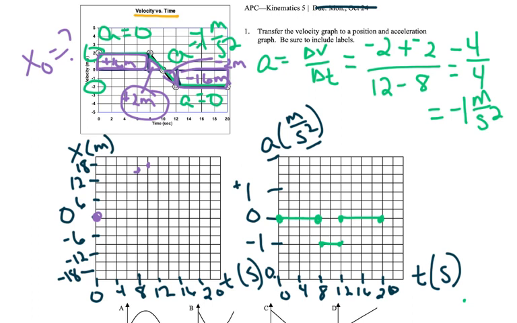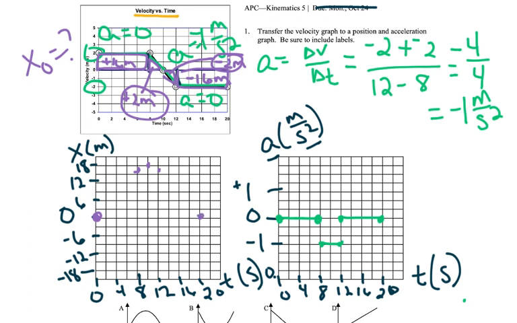Then I'm going to go back the way I came for 2 meters because I had the negative 2 meter displacement there. So basically at 12 seconds, I'm going to end up back at that 16 meter mark. Then I'm going to go back another 16. So at 20 seconds, I should be back at 0. So I'm going to put my dot there.